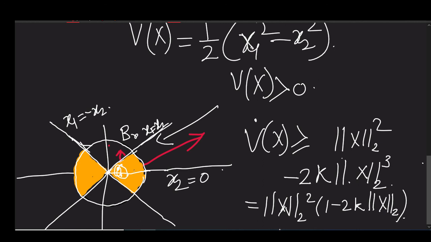So if you select R, what is R? That determines the radius of this ball. So if you select R as 1 upon 2k, then what would happen? This boils down to a positive number. So you will get that the origin itself is unstable.